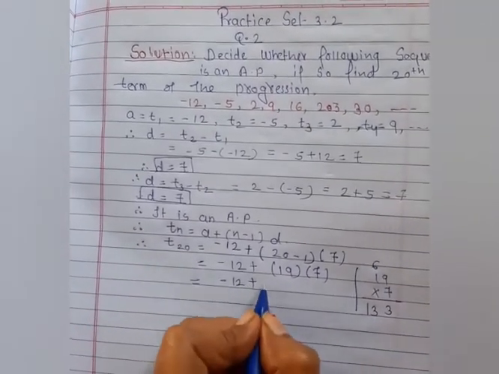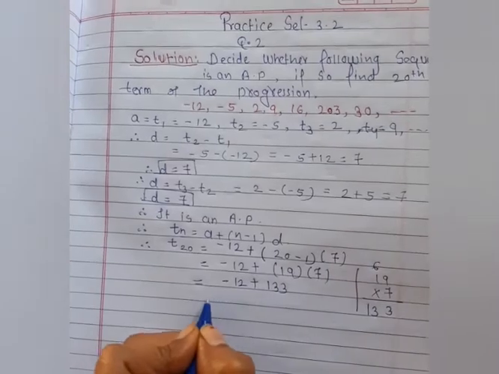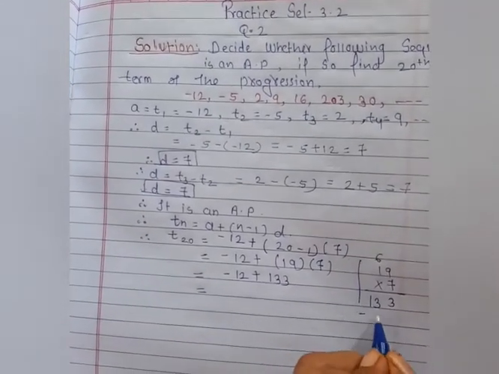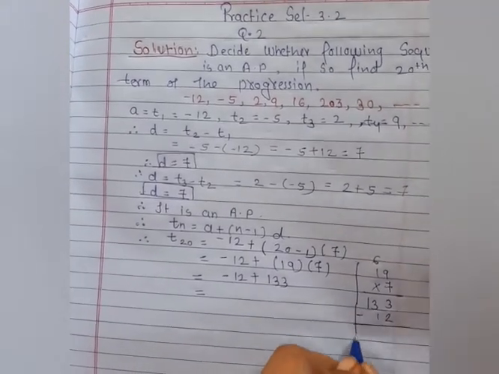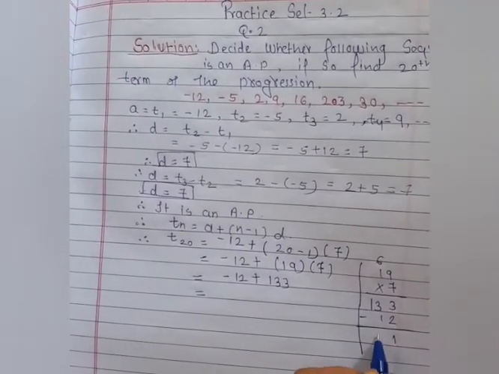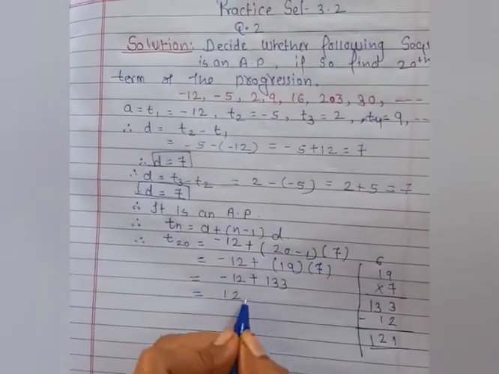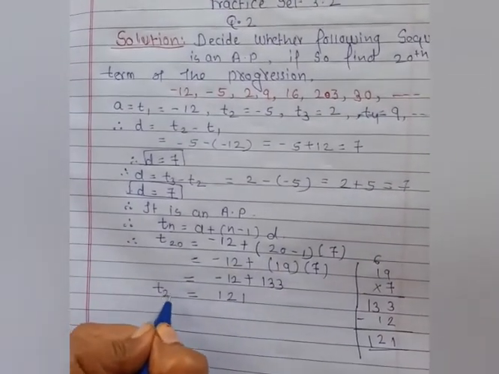So here we are getting the term 133. Now let's subtract 12 from it. 3 minus 2 is 1, 2, 1. So here we are getting 121, the term T20.